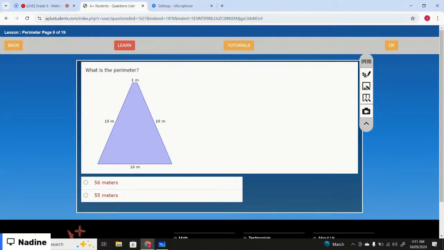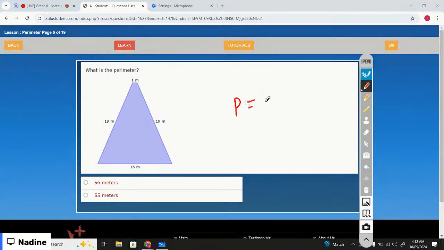What is the perimeter? You need to add all the side lengths, right? That is P equals 16 plus 19 plus 19 plus 1. So 20 and 19 makes 39 and 16 makes 55. The correct option is 55 meters. Option number 2 is the correct option.